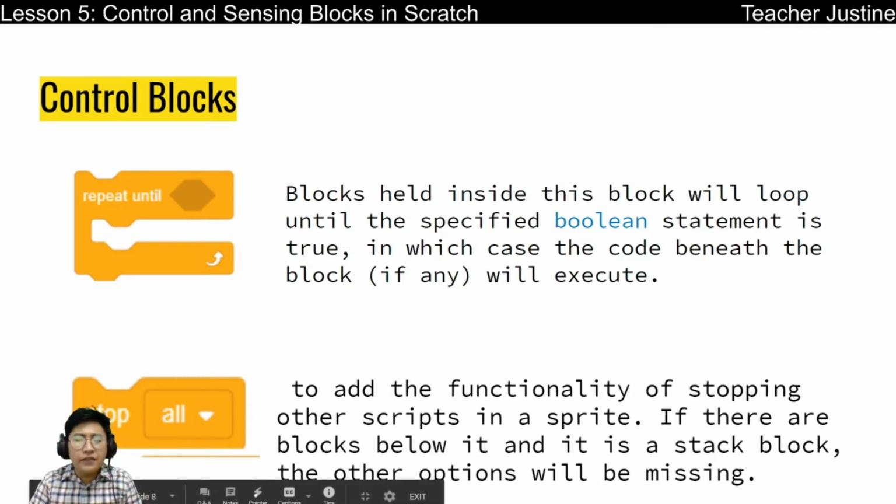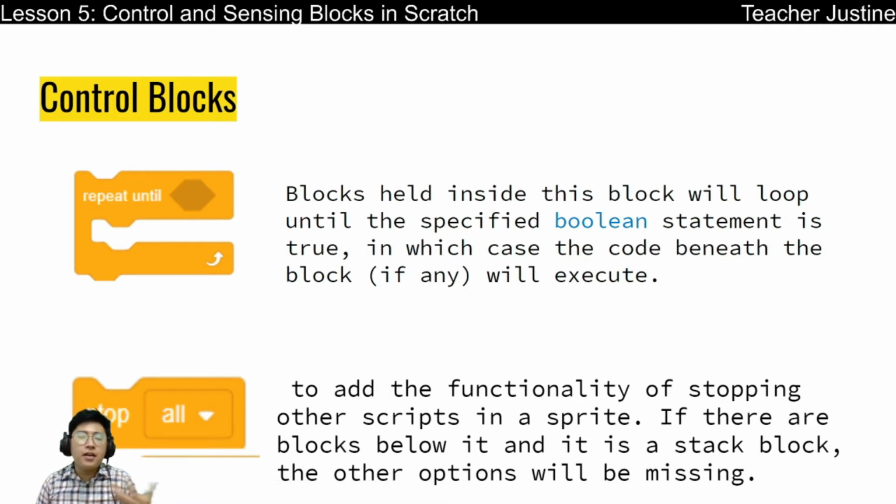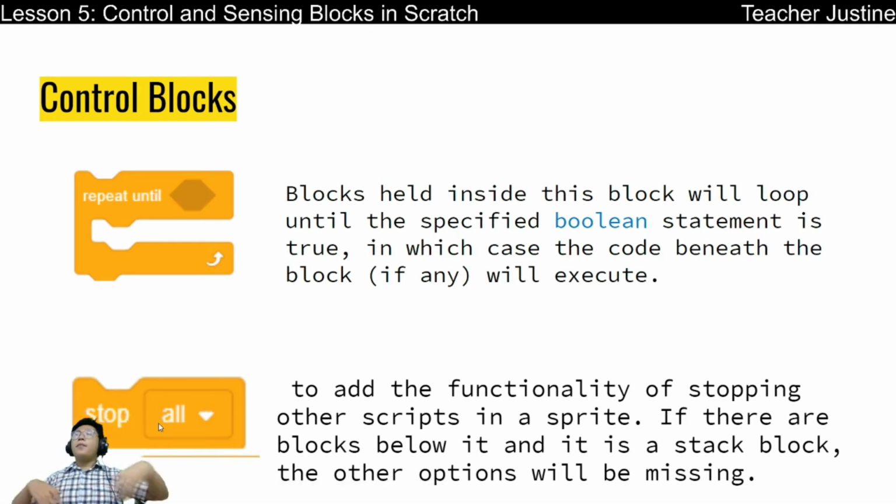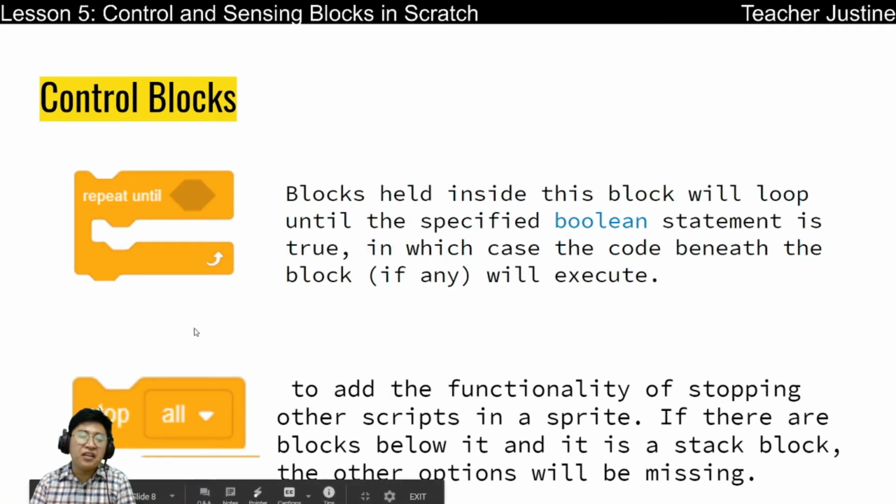It adds the functionality of stopping other scripts in a sprite. If there are blocks stacked below it, the other options will be missing. Basically, the use of this code is if you want to stop all the commands that are running in your Scratch project. This is just the same as the stop button. So this is the stop.